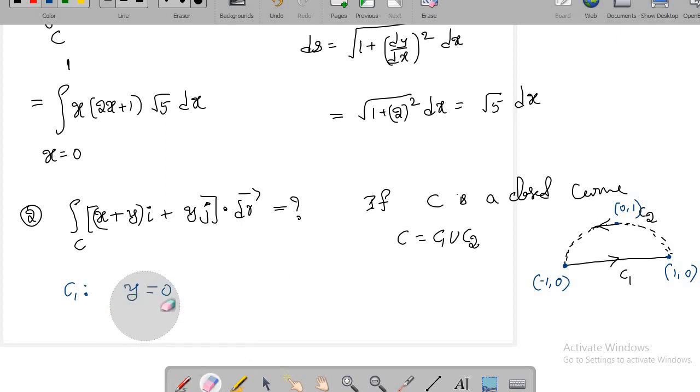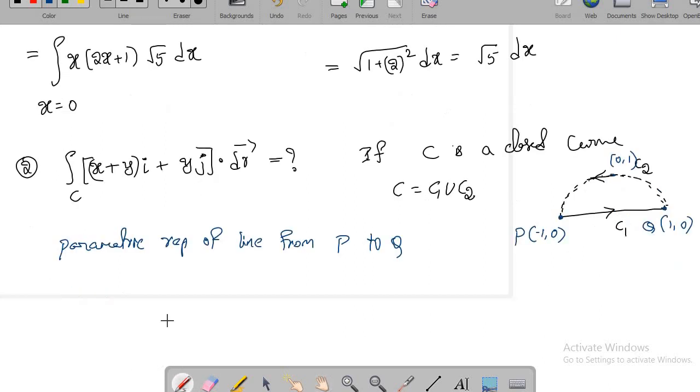Or in other words, whenever you need to parameterize a line from P to Q, this is the form: r of t equals P plus (Q minus P) times t, where 0 less than or equal to t less than or equal to 1. So this is the standard parameterization for a line from P to Q.